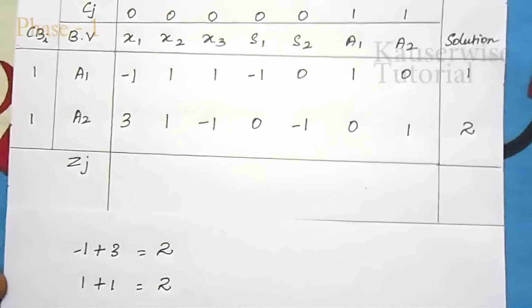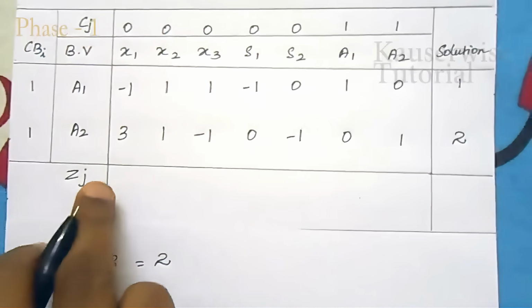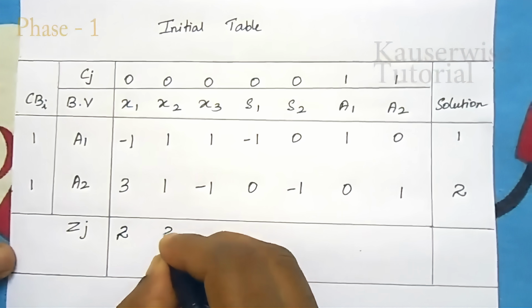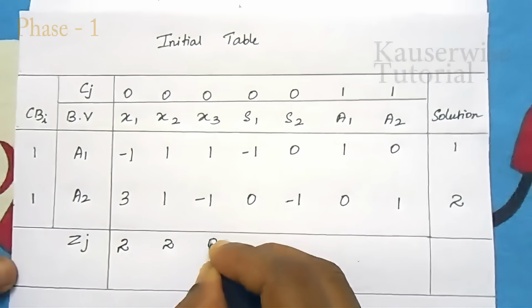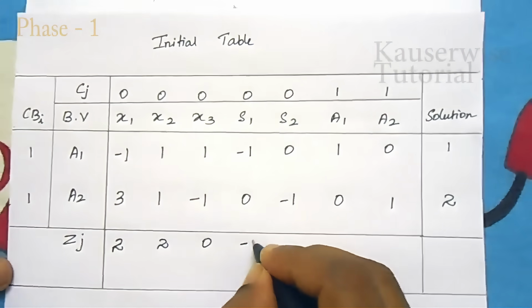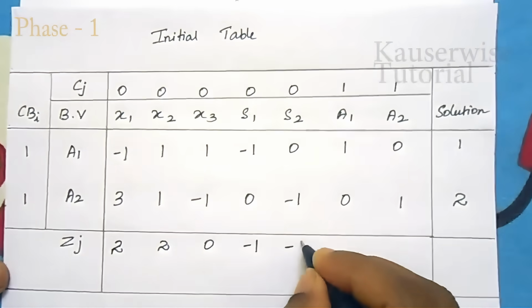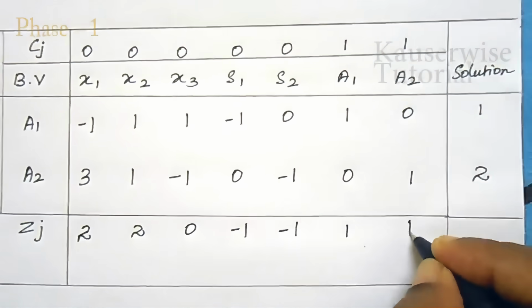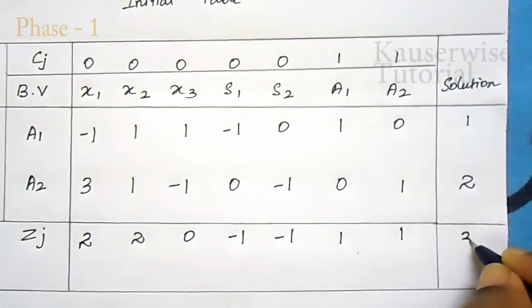In the same way, we need to find zj value for each and every element. x1 2, for x2 also 2, for x3 0, for s1 minus 1, for s2 also minus 1, for a1 1, for a2 1. Solution is 3.